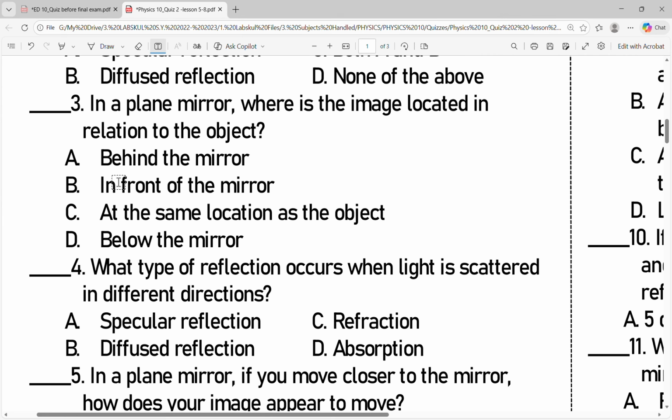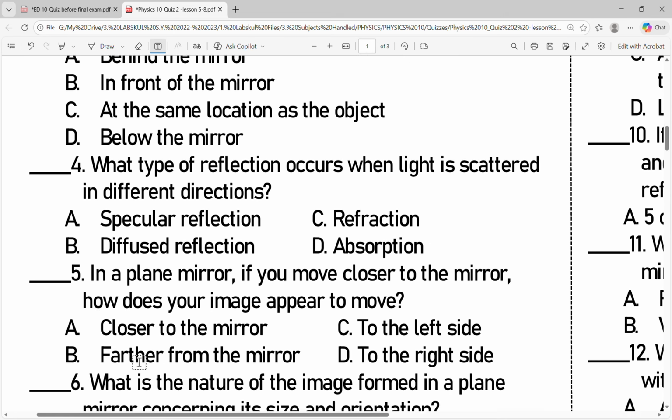On the other hand, if the intersection or the image would be formed in front of the mirror or of the lens, the image usually is a real image. So, since you could see in a plane mirror an upright image, automatically you know that it's a virtual image, right? And remember, a virtual image is always situated behind the mirror. So the answer here is letter A.